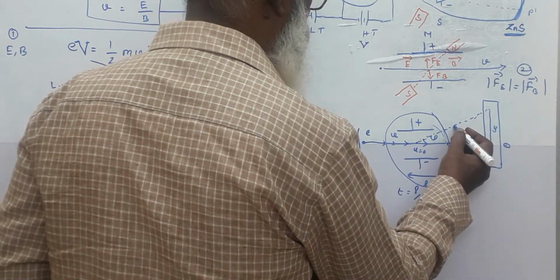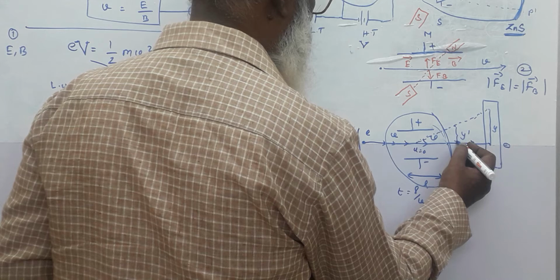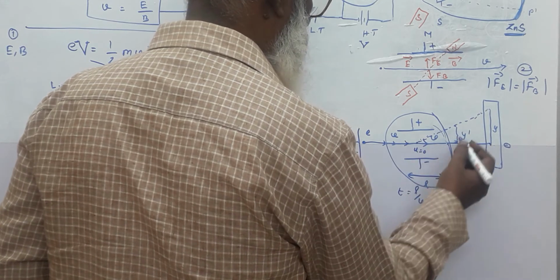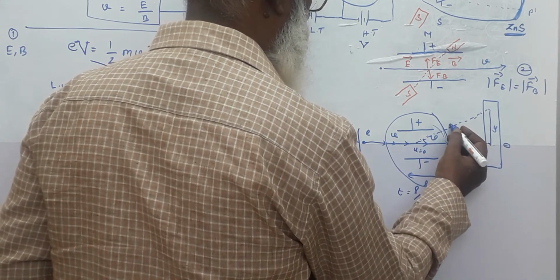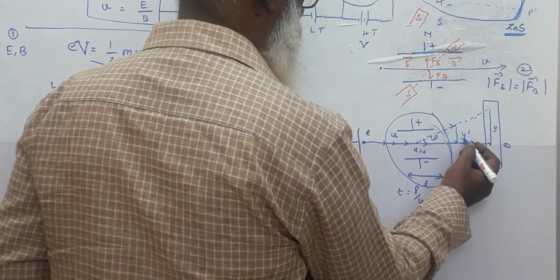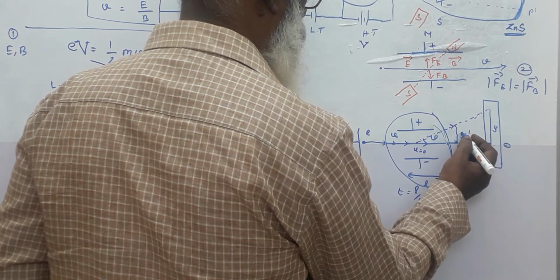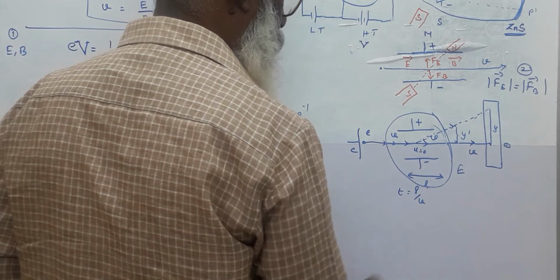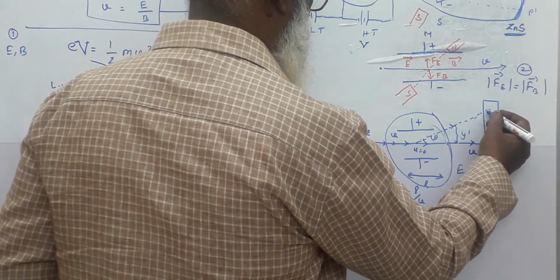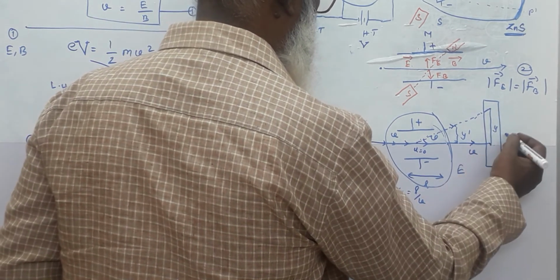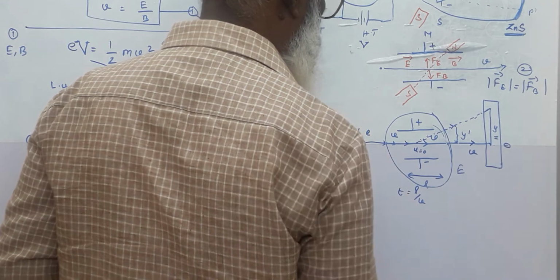Now you have to imagine at a particular distance the displacement of this electron ray, a distance from the center point to y dash. At last it hits the surface and the displacement is considered to be y.